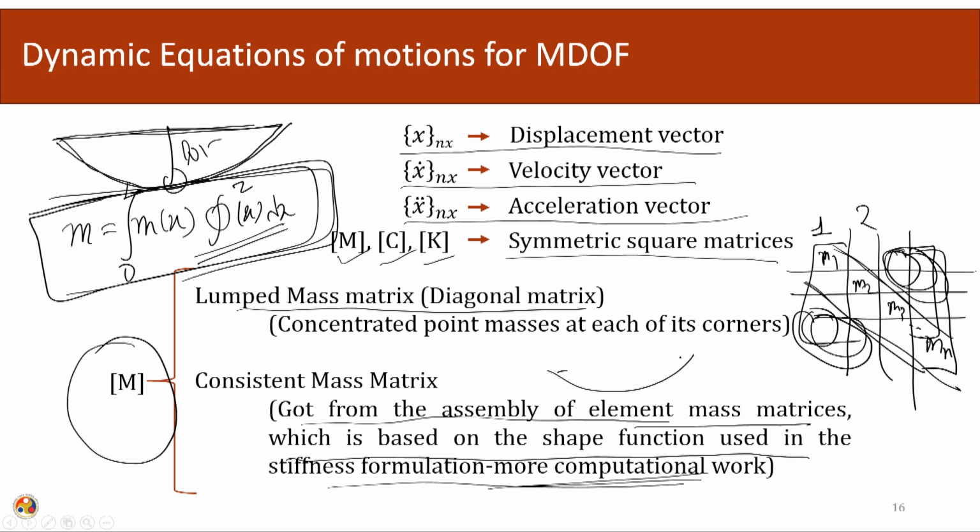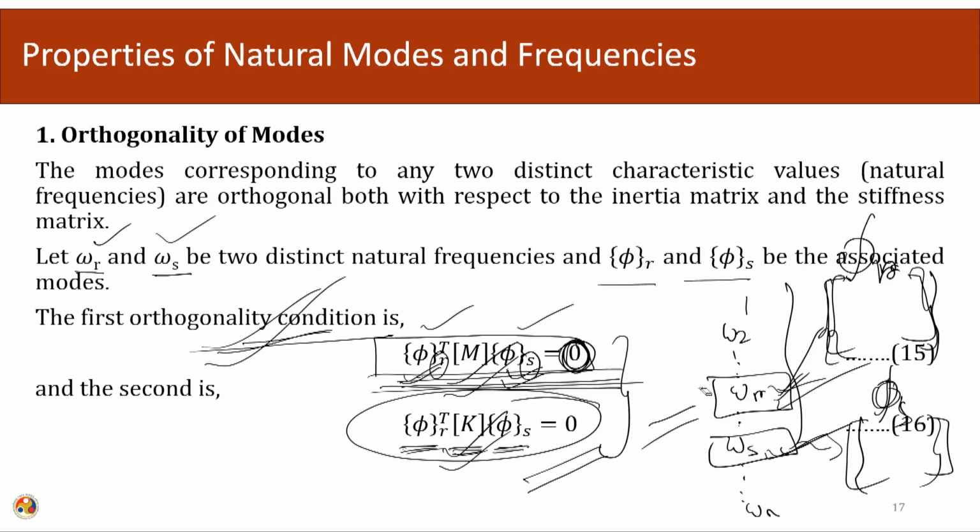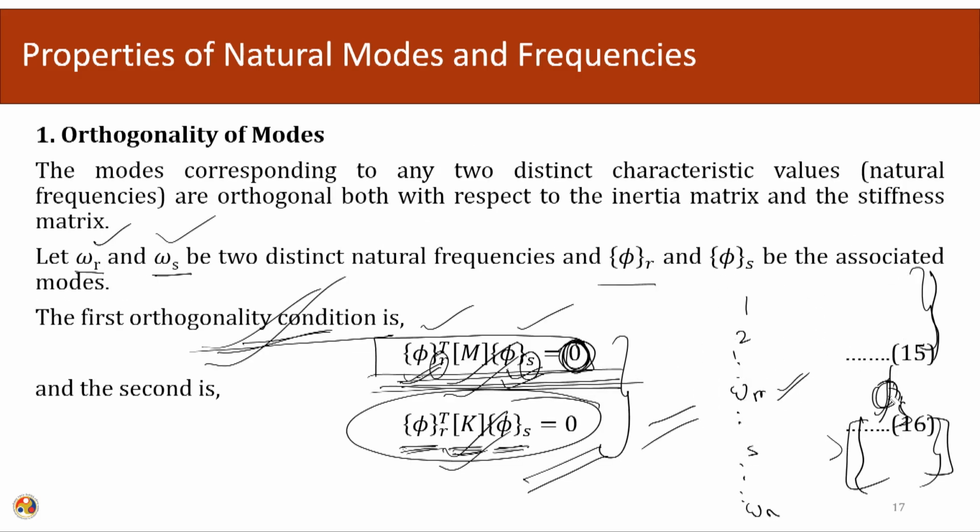Normally we are using a concentrated point mass formulation, in which there will be only diagonal terms, and non-diagonal terms will be 0. So, if M is diagonal, as it usually is, the equation can be written as equation 15, the orthogonality equation.